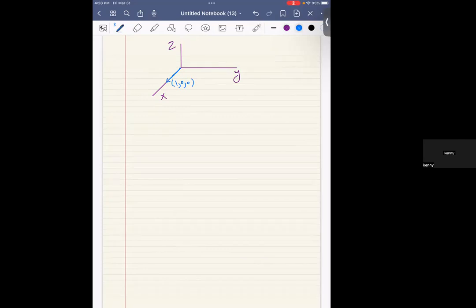The positive direction of the y-axis is 0, 1, 0, and the positive direction of the z-axis is 0, 0, 1. And these three vectors are orthogonal to each other. They're perpendicular. Okay.